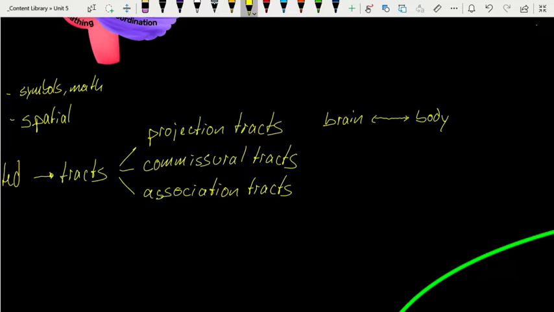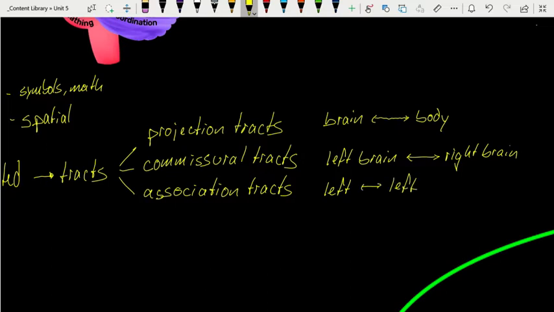Commissural tracts, this is communication between the left brain and the right brain. And association tracts, communication that stays on the same side. So left to left and right to right.